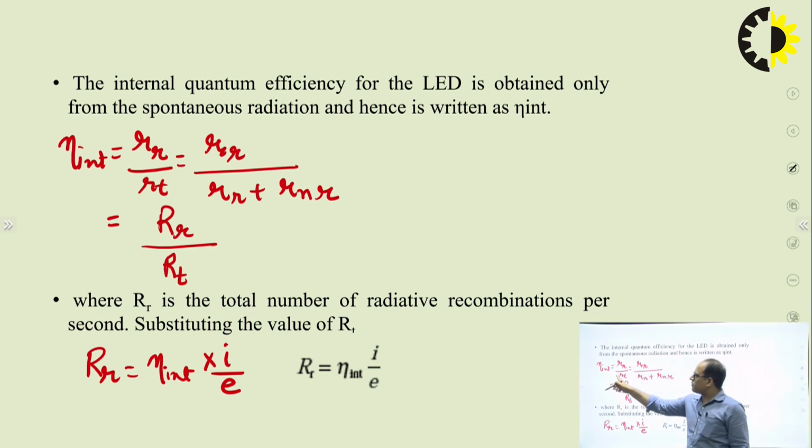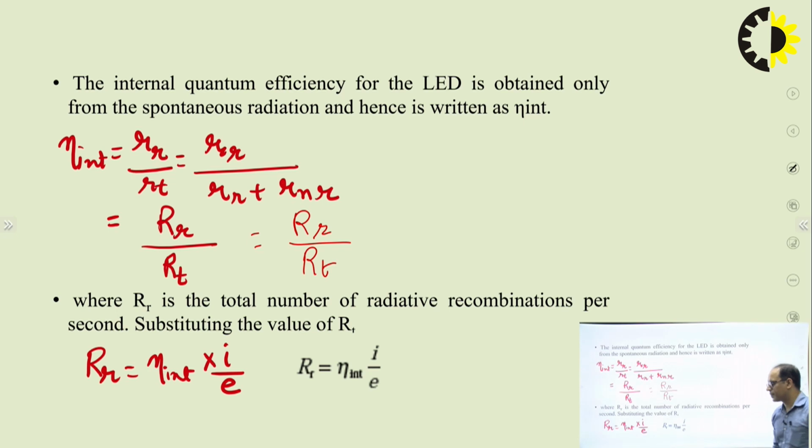So internal quantum efficiency is equal to RR upon RT, which is RR plus RNR, and this can also be written as radiative recombinations per second divided by the total recombinations per second.